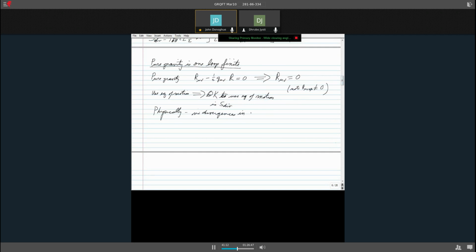And when you did the background field method, you used the equations of motion to eliminate the first order term. That's equivalent to saying that it's okay to use equations of motion in S divergent.